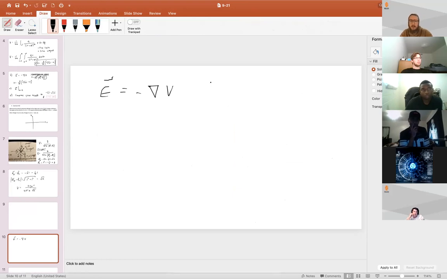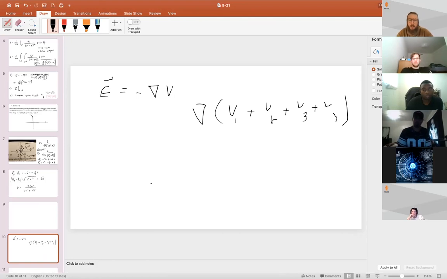Do you think that superposition should work for derivatives also? Can we sum up derivatives? Could we find V1 plus V2 plus V3? The answer is yes. So voltage also follows superposition.